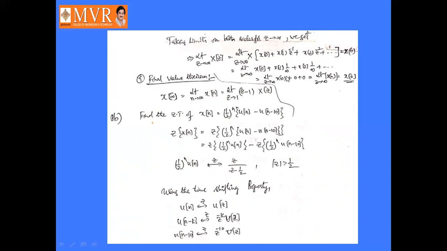So limit z tends to infinity x of 0 plus all are zeros, so that is x of 0. That is the initial value theorem.